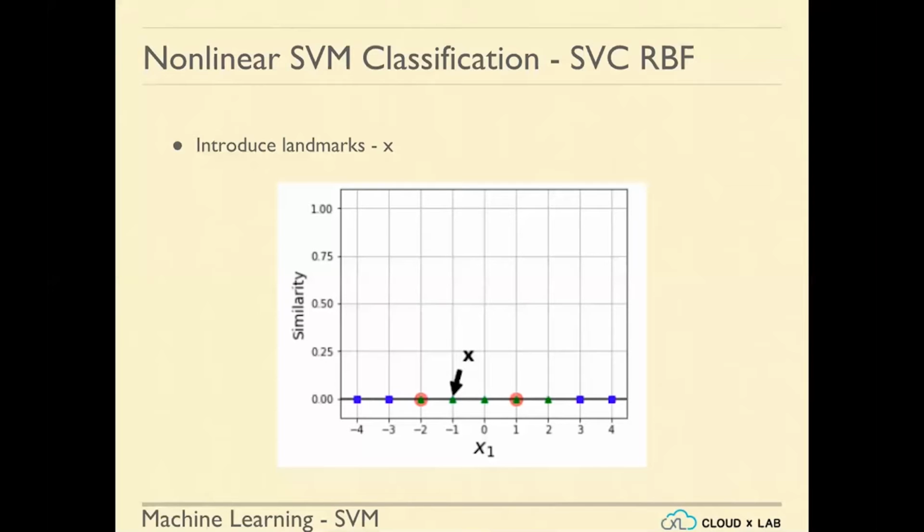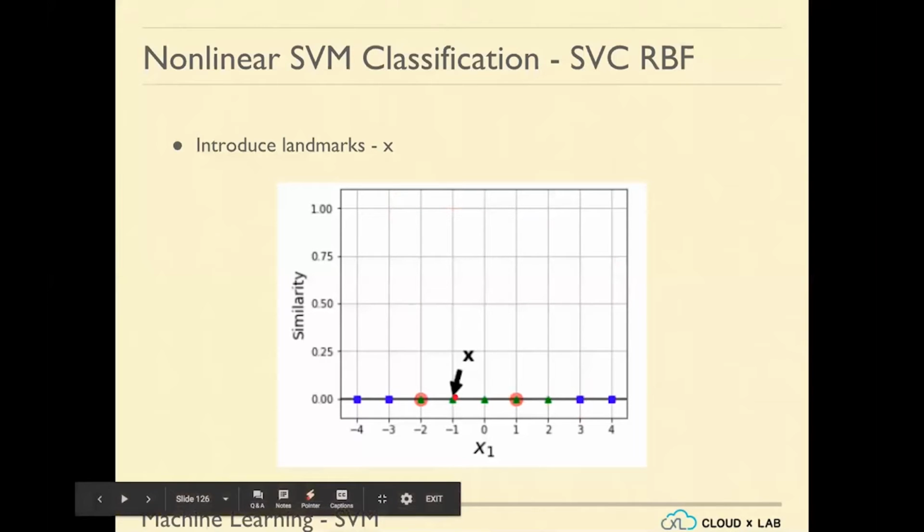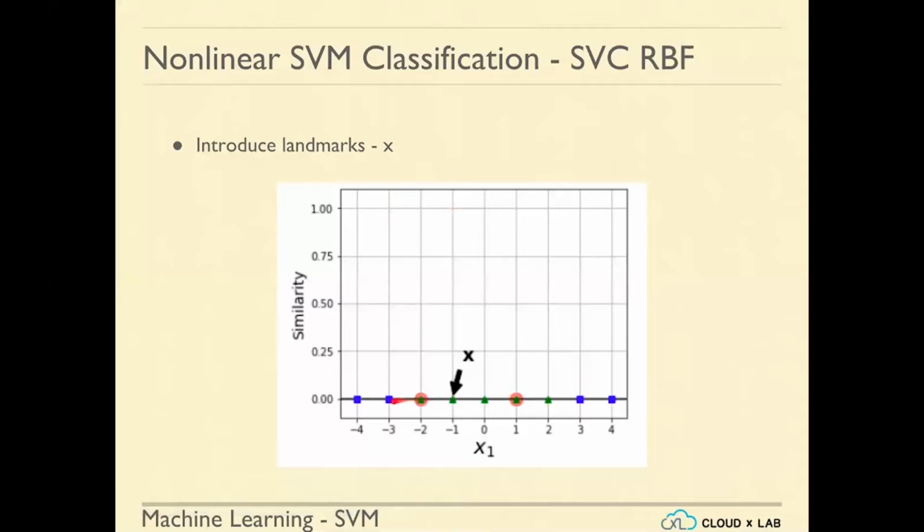If we come up with something called landmarks, let's say this central data point is the landmark, and we measure how far these points are from the landmark, and we come up with that similarity, or how similar these data points are to this landmark.